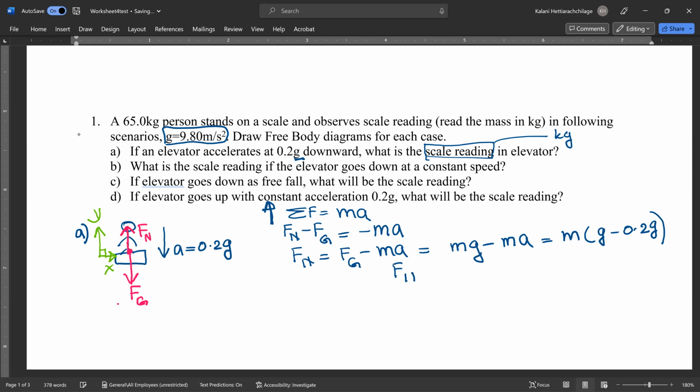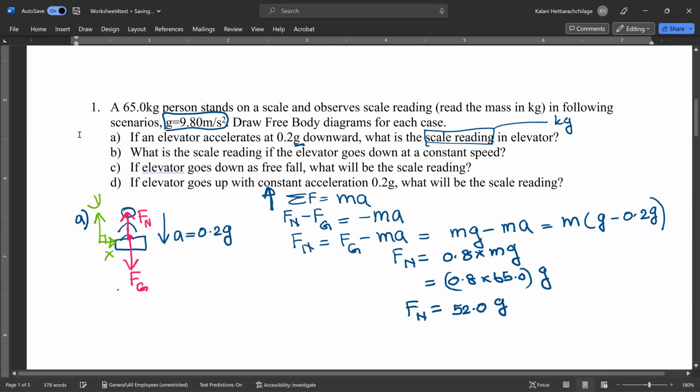So now the normal force in part A, I will be able to write: g minus 0.2 g is 0.8, times m times g. Now I know m is 65, so if you do the calculation, the normal force is going to be 0.8 times 65, that is 52 mg.